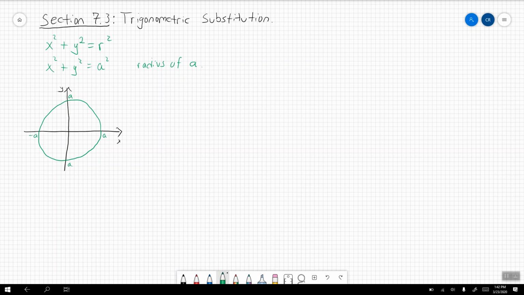So if we wanted to, we could take this equation here and solve for y. The reason we want to do that is because we want to be able to extract a function out of this. So we would be left with y squared is equal to a squared minus x squared, and then finally arriving at y is equal to the positive or negative square root of a squared minus x squared.